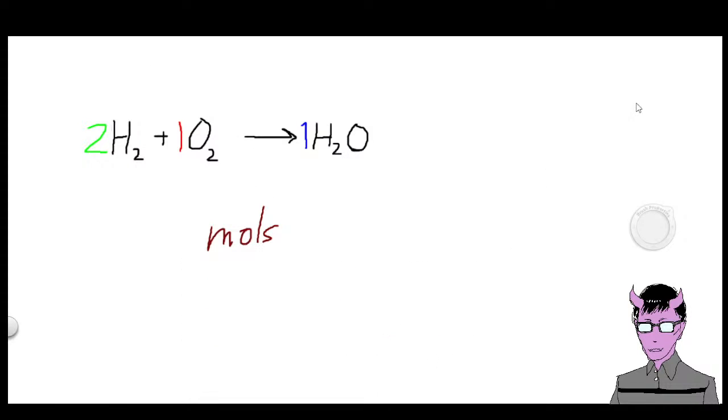But what does it mean for moles? Moles is very specific. It is a specific number, 6.022 times 10 to the power of, and since I haven't done chemistry in a while, was it 23? Let me look this up real quick.